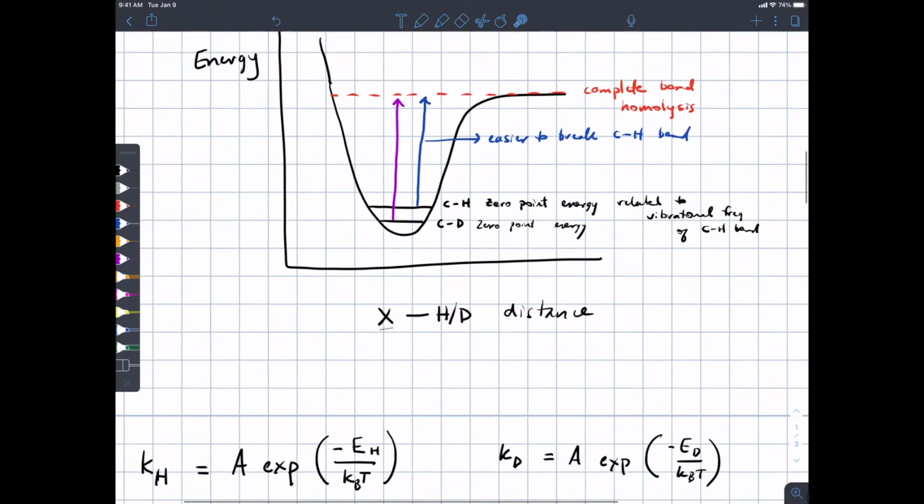And this is related to the idea, and this is overly simplistic because this is imagining a reaction where we go from a bond being completely formed to a bond being completely broken, and you can see that getting up to that complete bond breaking has a larger energy for carbon-deuterium bonds than for carbon-hydrogen bonds.